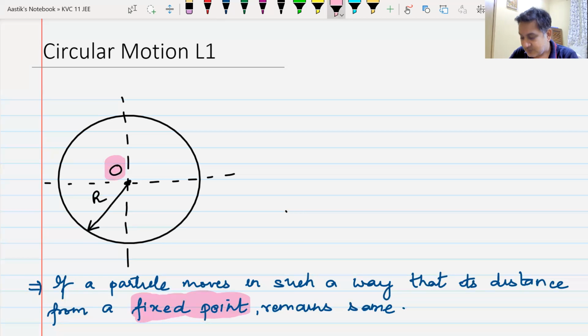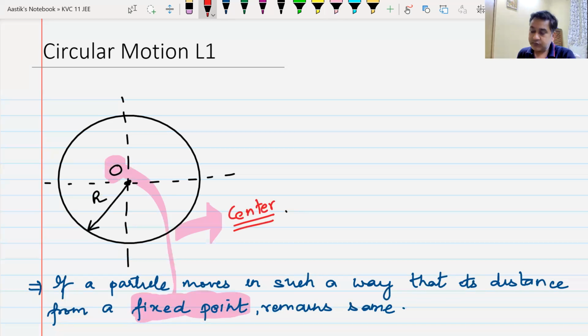I can't hear you, but I hope you understand that the fixed point is known as this O, which is nothing but the center of this circle. We understand this, yes or no? That fixed point is known as the center of this circle.